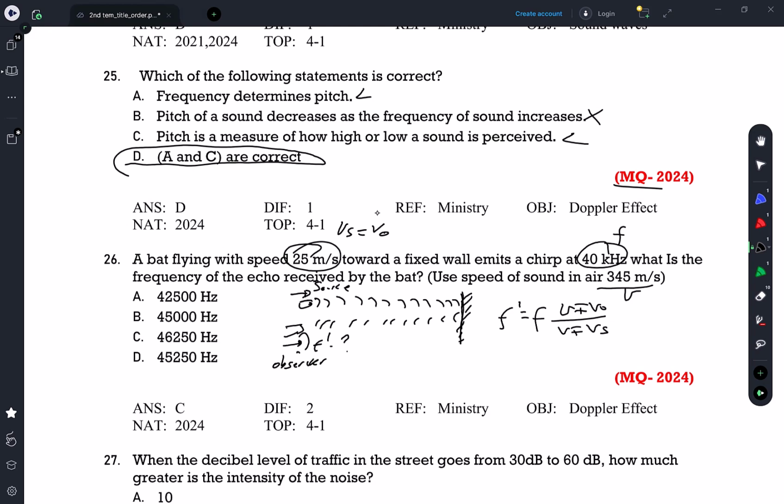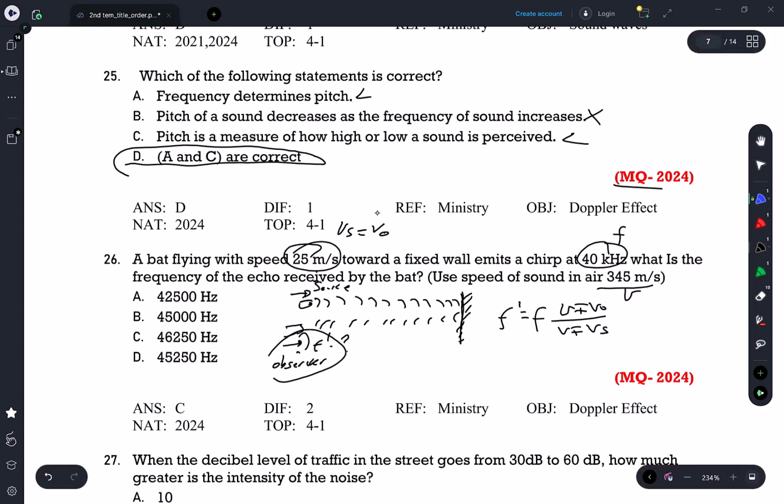First, let's talk about the observer. The observer bat is approaching the wall, and also relatively approaching the source bat. In the case of approaching, we know that the pitch must rise. If pitch rises, the denominator must get smaller.